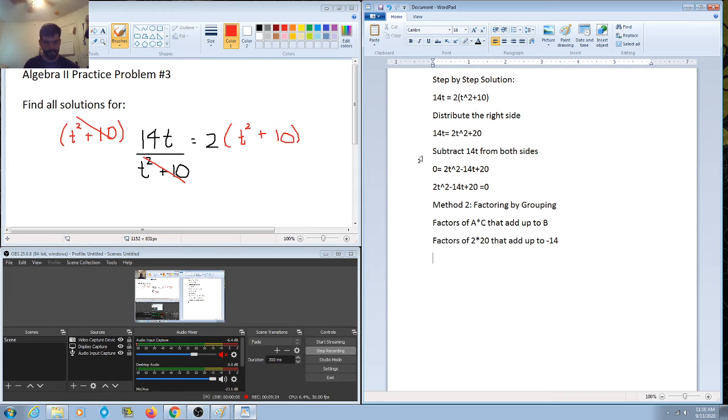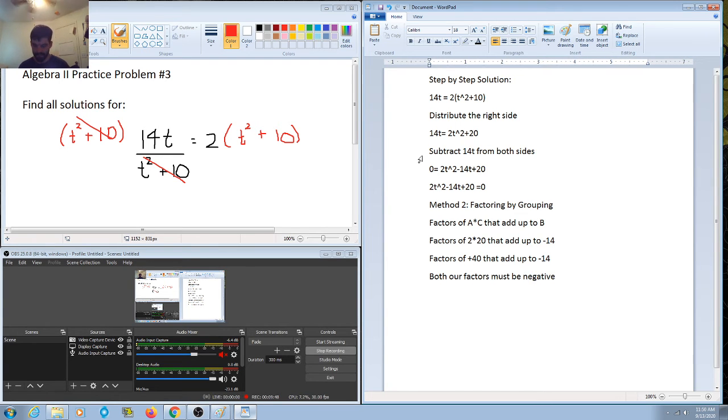Now again, this is a situation where our factors of positive 40 add up to negative 14, this means that both our factors must be negative. So I'll go ahead and list these out for you too.